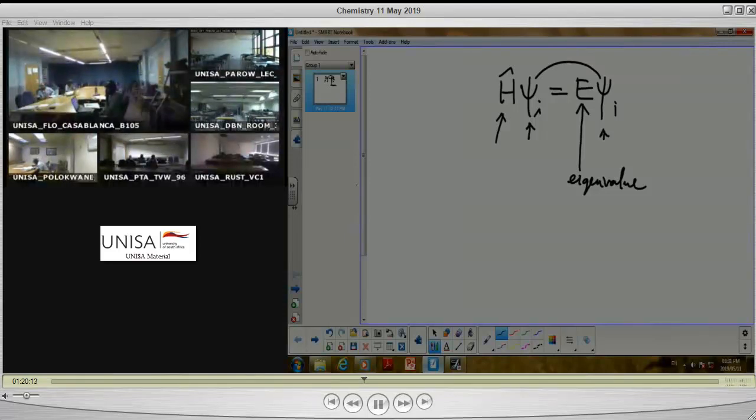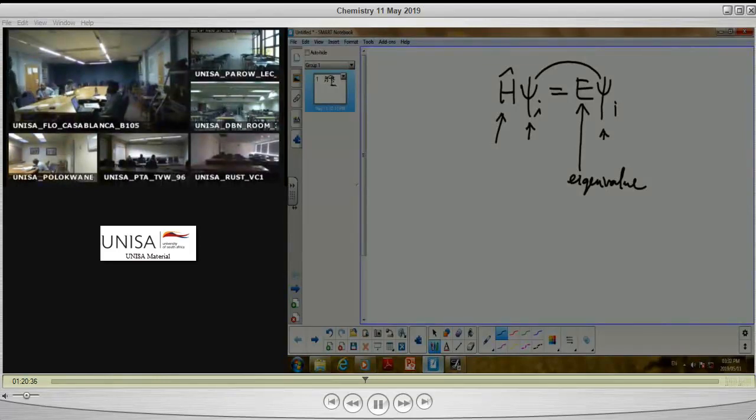So this equation, the Schrödinger equation, takes that wave function and applies to it an operator. It depends on what observable we want. What property do you want to calculate? Is it energy?